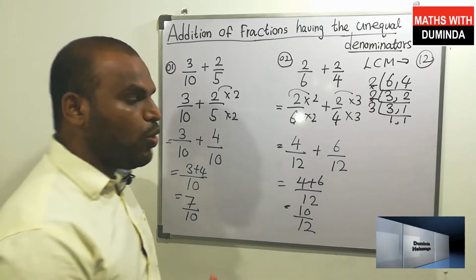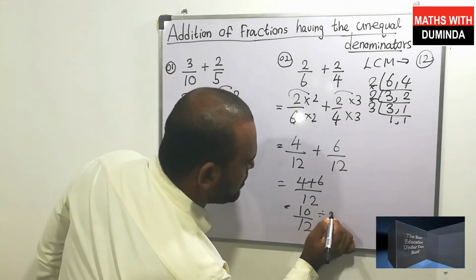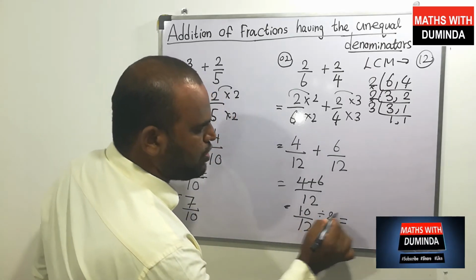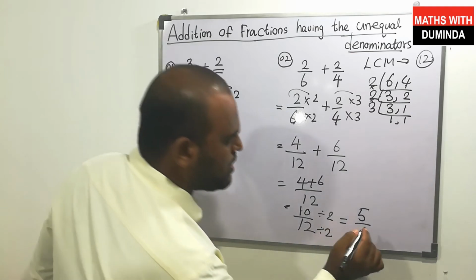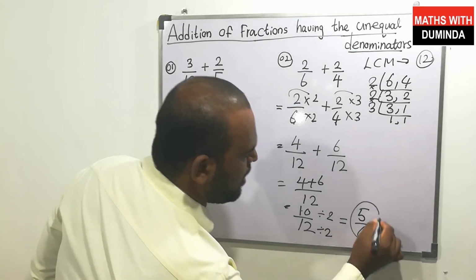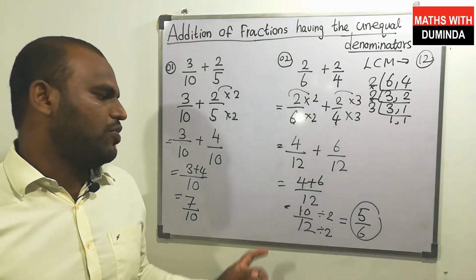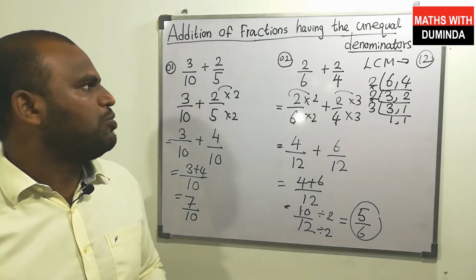Therefore, we can divide both numerator and denominator by 2. Then you get 10 divided by 2 is 5 and 12 divided by 2 is 6. That's my final answer. Remember, 5 out of 6 is an equivalent fraction to 10 out of 12, and simplify when needed. Okay, I hope you understand these two.